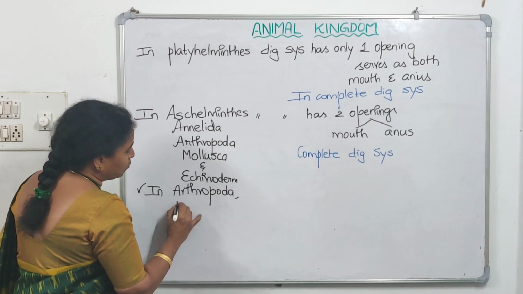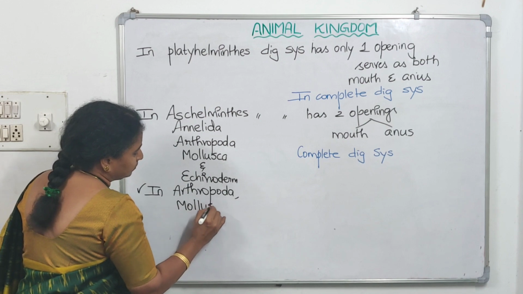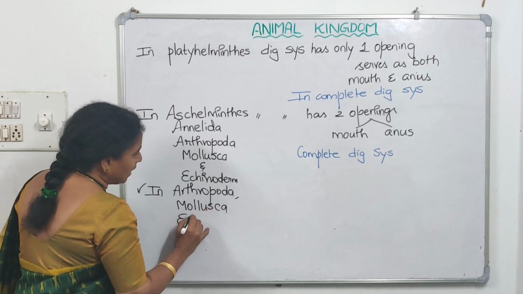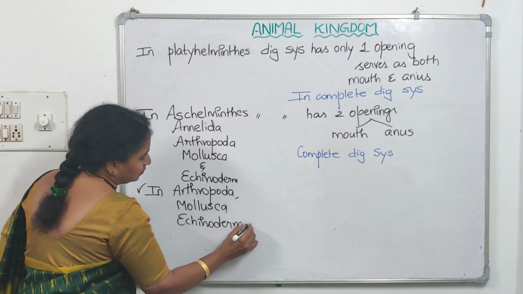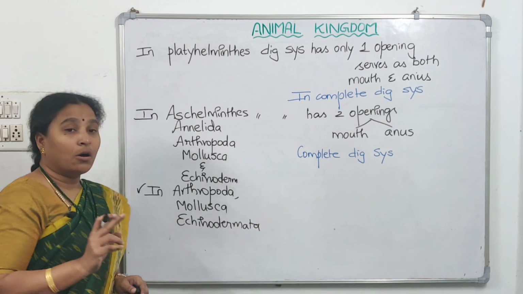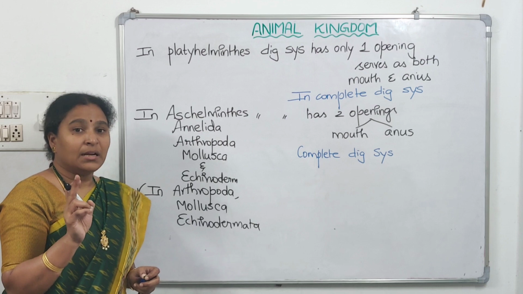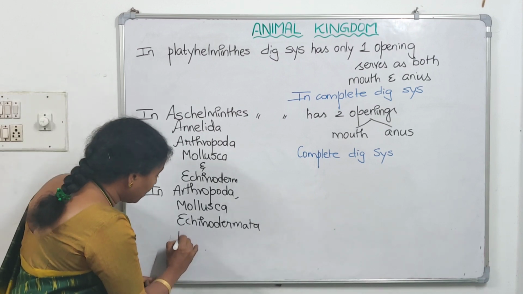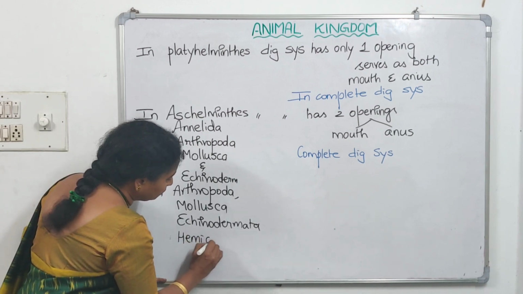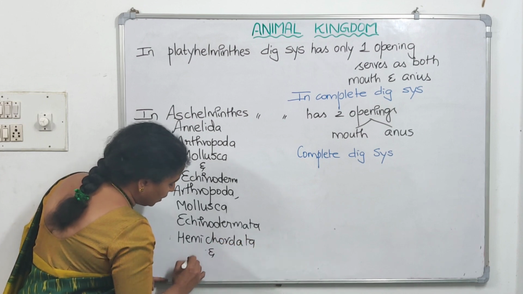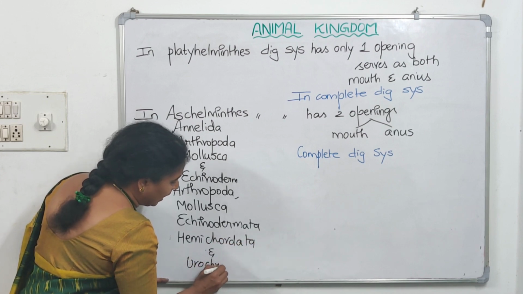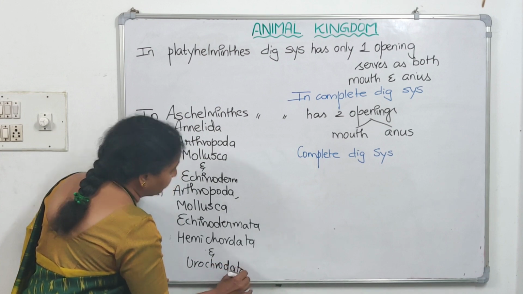And next one is Mollusca. We can also say Echinodermata. Then Hemichordata also, and Urochordata. So these are the things what you have to remember.